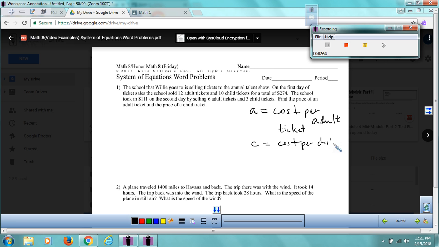And you will see as we go through each of these examples, the very first thing we do is we assign the variables. We're not writing any equations. You notice I'm not doing any calculations. These are my two unknowns. You can think of these as X and Y, but you'll see as we set up these equations that we don't necessarily want to use X and Y because we're not graphing. We don't need to worry about X-axis, Y-axis at this point. We're going to use a method called elimination.